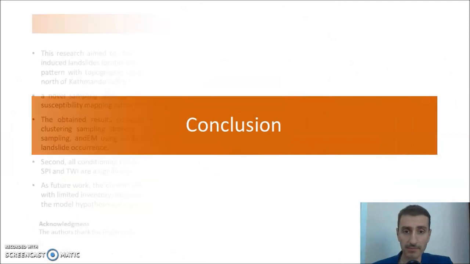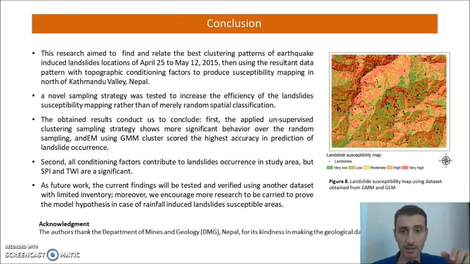So to sum up, this research mainly focuses on finding the pattern of the landslides that happened after the earthquakes, and also after the aftershock, in the study area north of the Kathmandu Valley in Nepal.